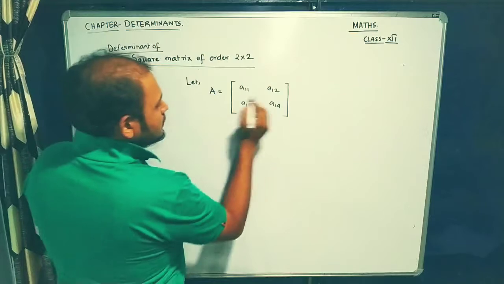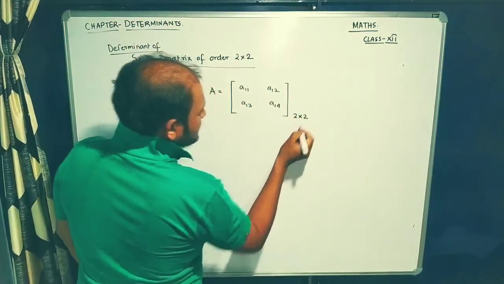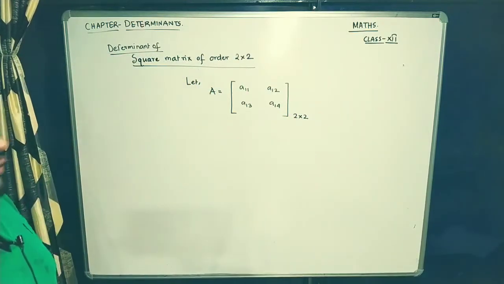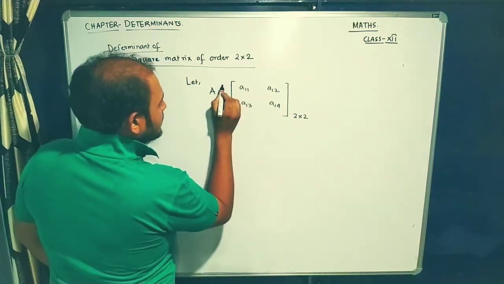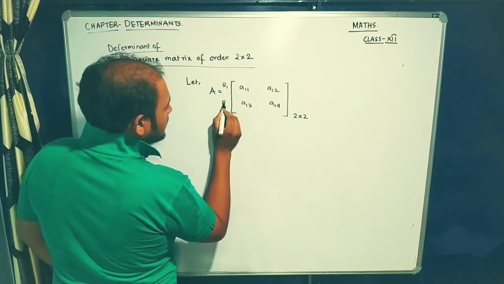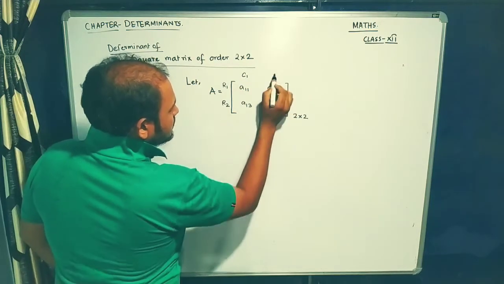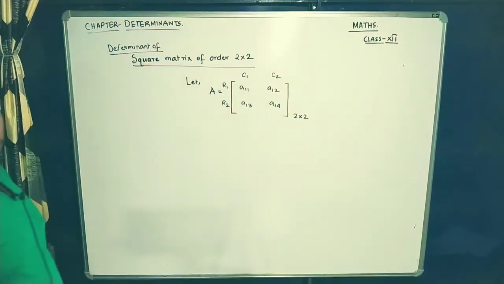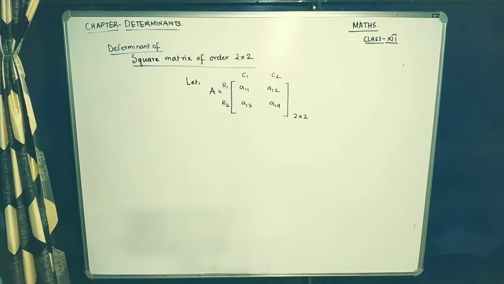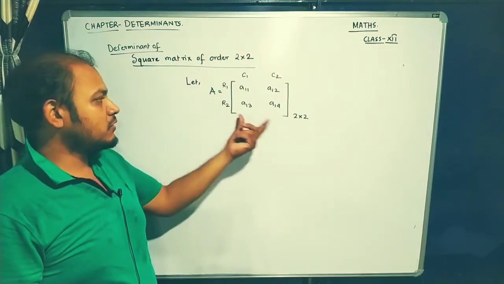Okay, so this is a 2 by 2 square matrix. That means it has 2 rows and 2 columns. So this is row number 1, R1. This is row number 2, R2. This is column number 1, C1. This is column number 2, C2. Okay. Now we want to find what? We want to find the determinant of this matrix.